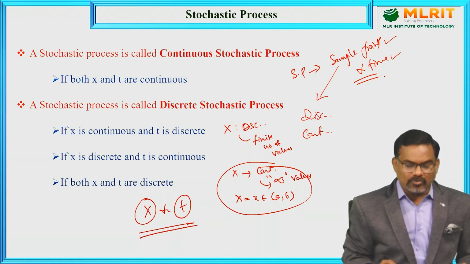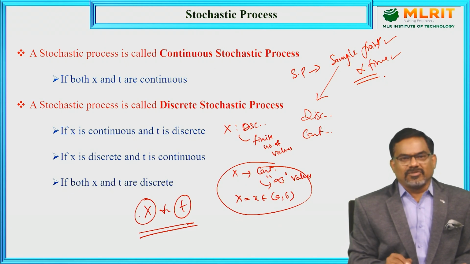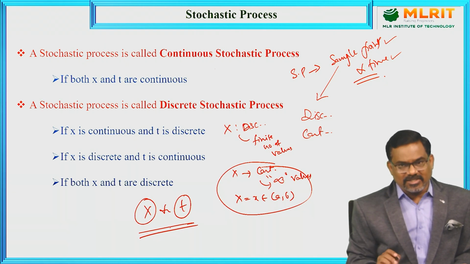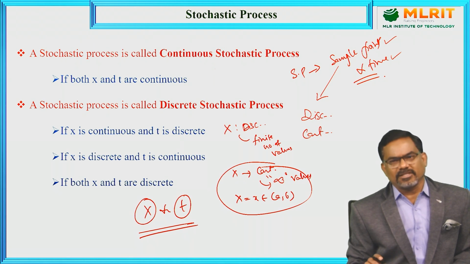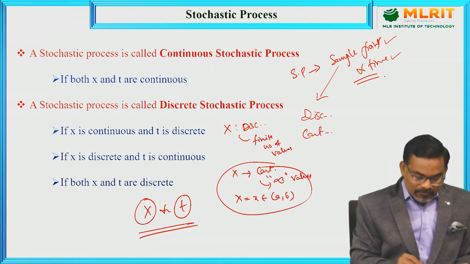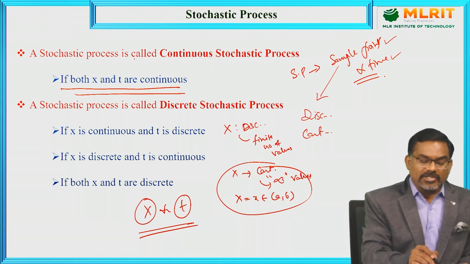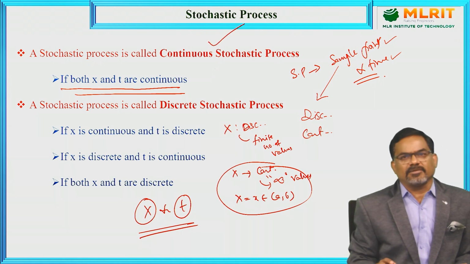So there are 2 things, x and t. If any one of these 2, x and t, is discrete, then the stochastic process is said to be a discrete stochastic process. For example, if both x and t are continuous, then the stochastic process is called continuous stochastic process.